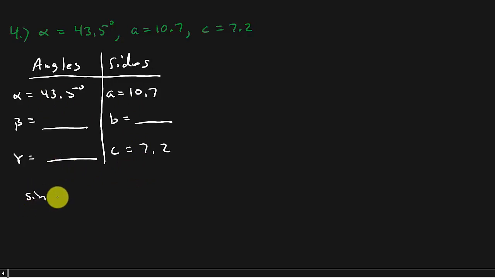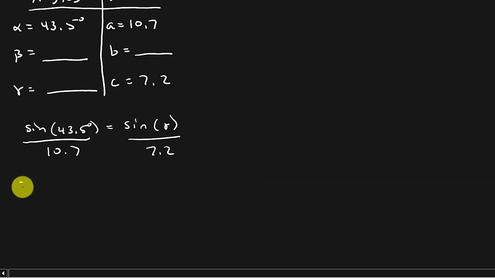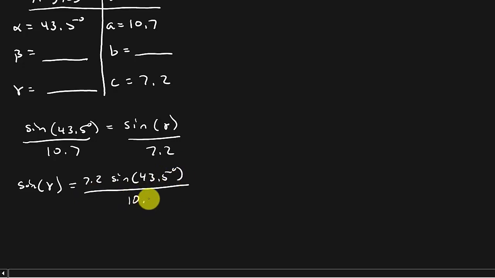So I get sine of 43.5 over 10.7 equals the sine of gamma over 7.2. So sine gamma is equal to 7.2 times the sine of 43.5 over 10.7.